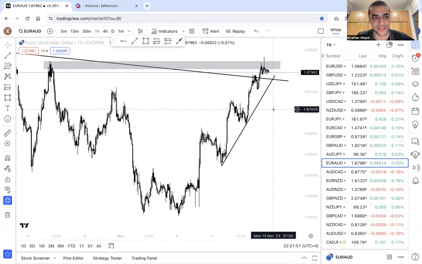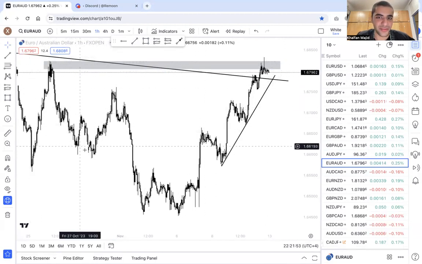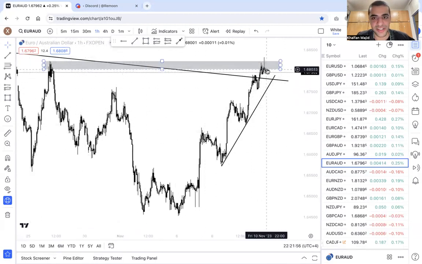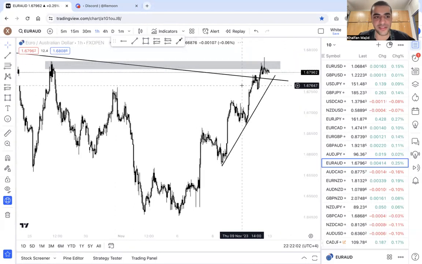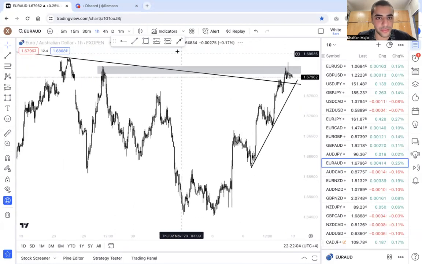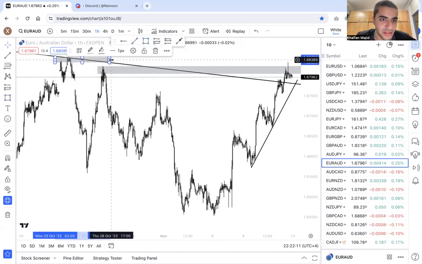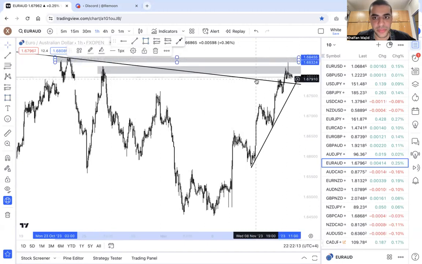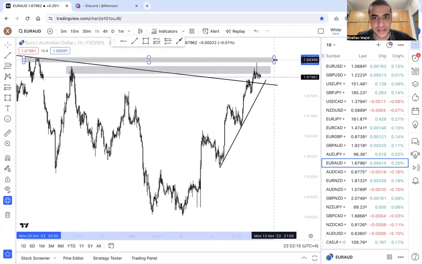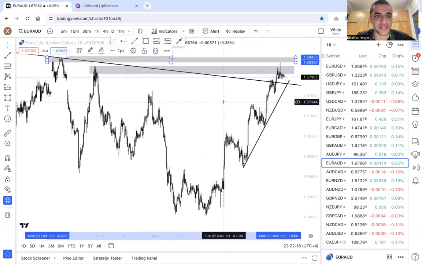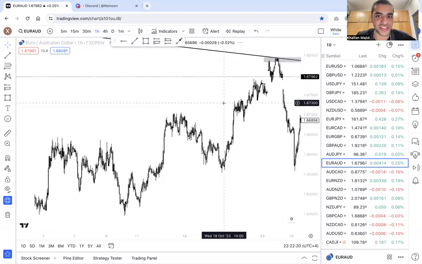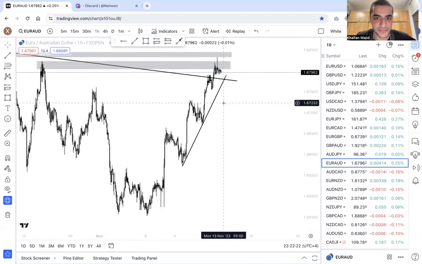Still respected the zone. You see, the crazier the zones, the better the rejection. You see how badly it wanted to go up, but it just didn't. These zones are so respected, especially when they get tested for the first time. It takes so much to break them.